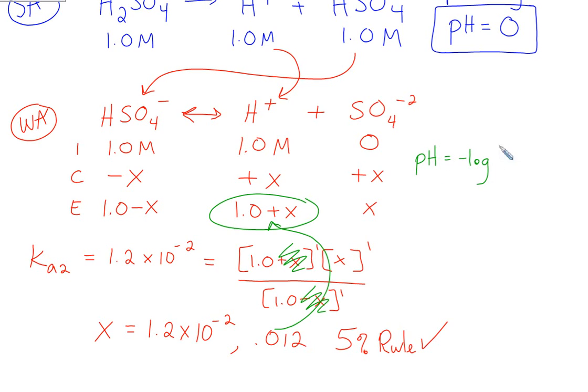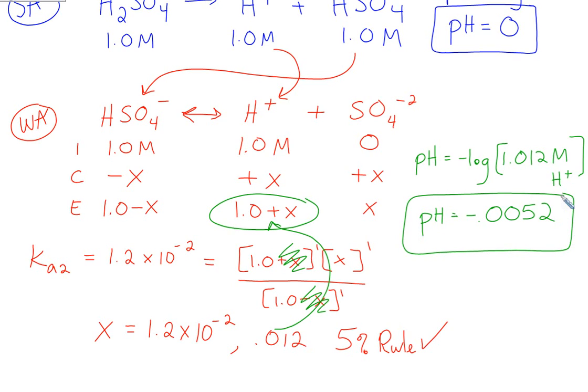The total amount of hydrogen is 1.012. Oh, that's pretty small, isn't it? So if I plug this in, I get a pH of negative 0.0052.